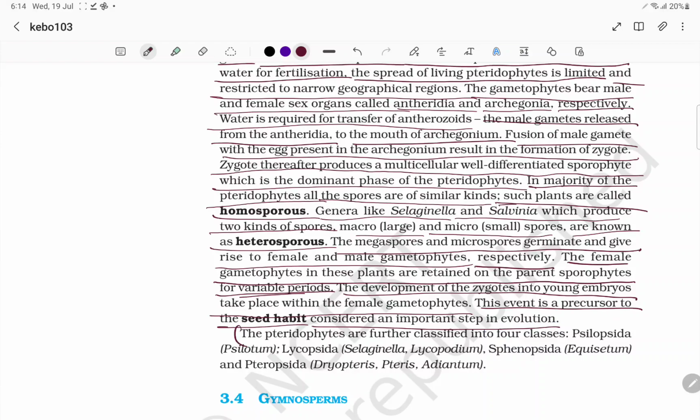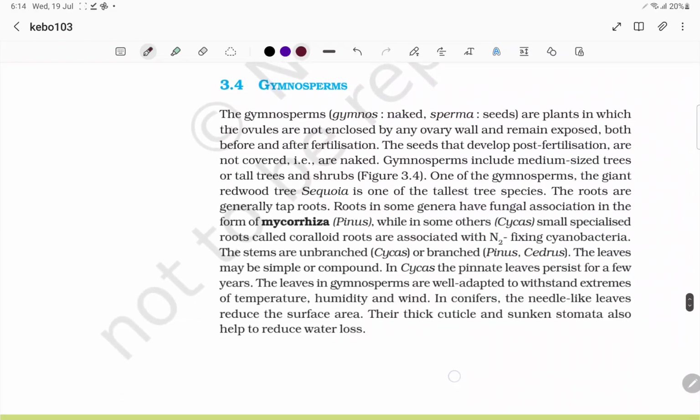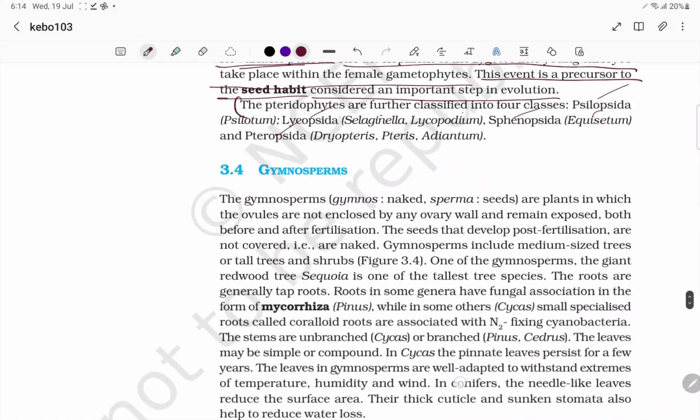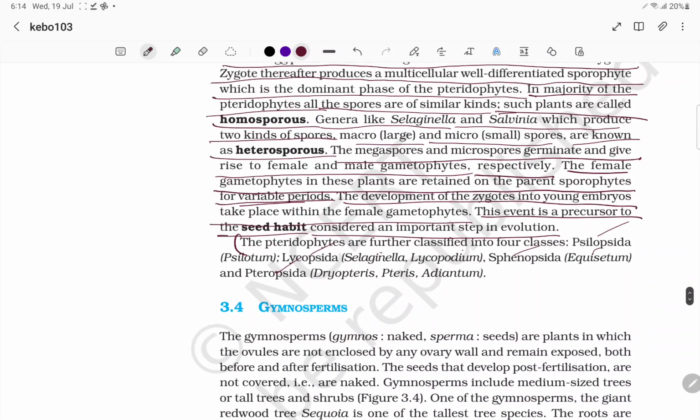The pteridophytes are further classified into 4 classes: Psilopsida, Psilotum; Lycopsida, Selaginella, Lycopodium; Sphenopsida, Equisetum; and Pteropsida, Dryopteris, Pteris, Adiantum. If you look here, Psilopsida is not given in the picture.